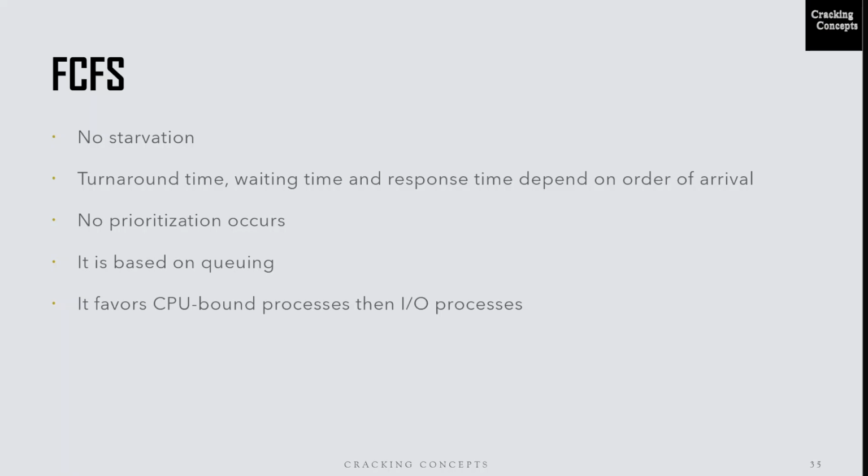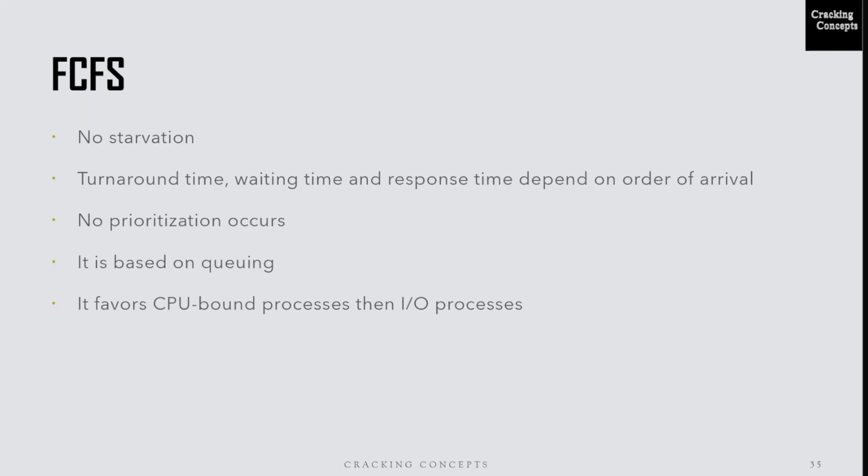Now, here there is no starvation because each process gets a chance to be executed after a definite time. The turnaround time, waiting time, and response time depend on the order of arrival of the processes and can be high for the same reasons above. No prioritization occurs, so this system has trouble meeting process deadlines.